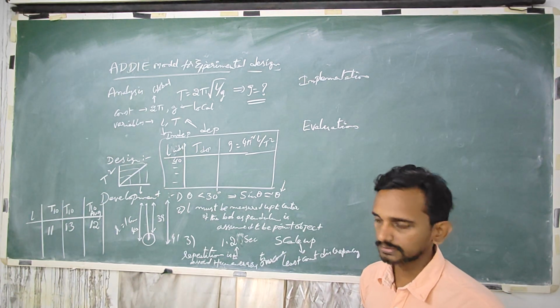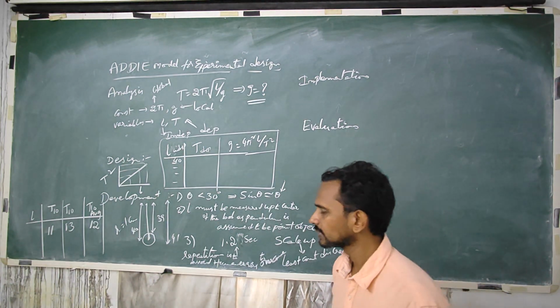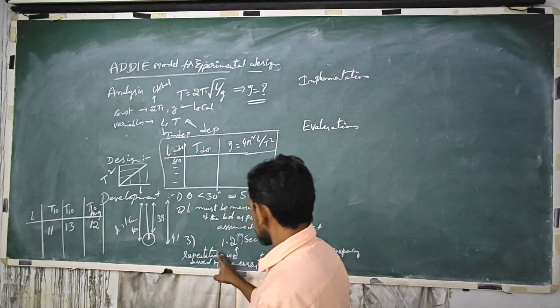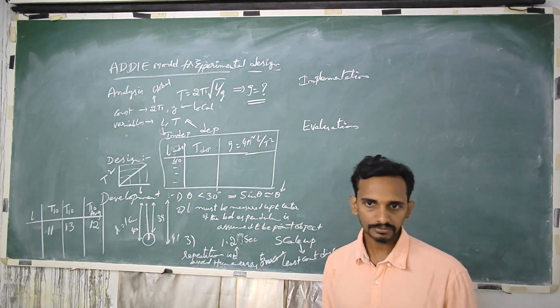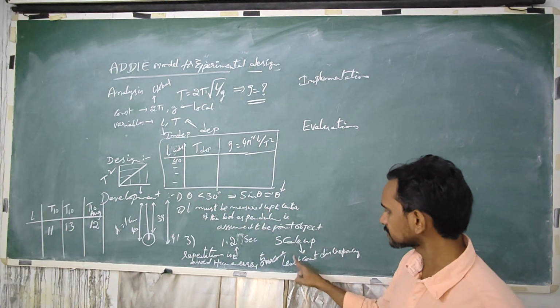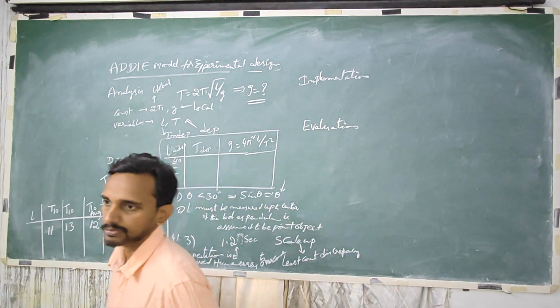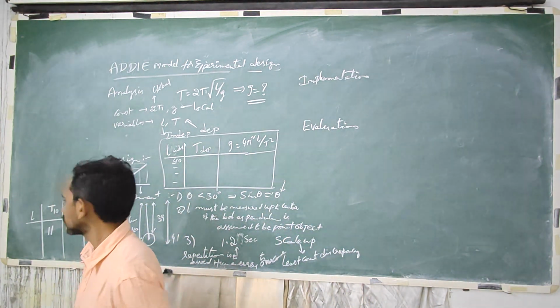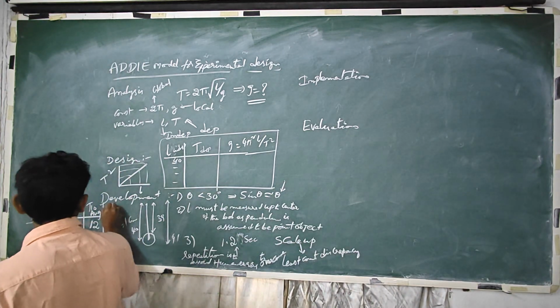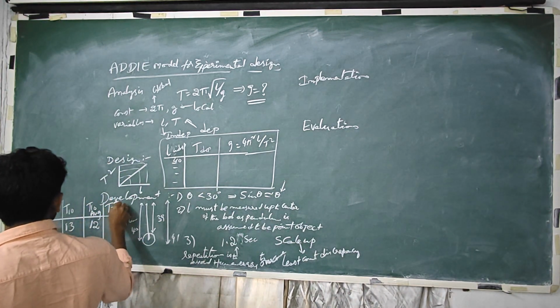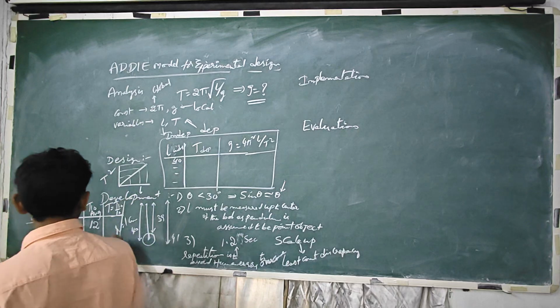Okay. So repetition of experiment is to avoid human errors, and scaling up of experiment is to avoid least count discrepancies in the measuring device. So I did that, and T is equal to T10 by 10. Then g.